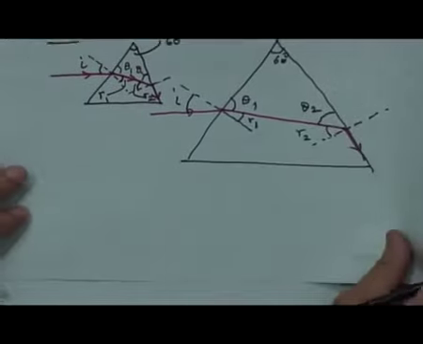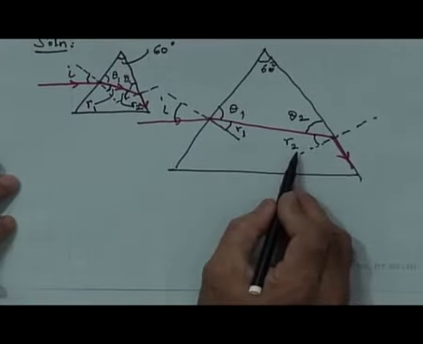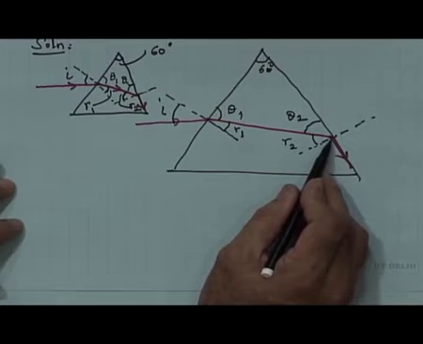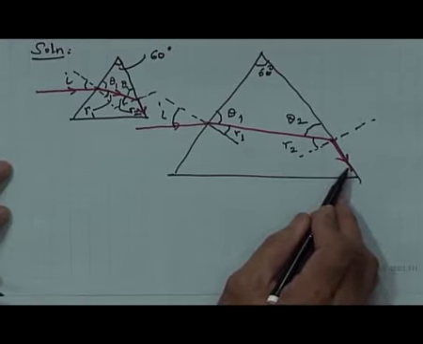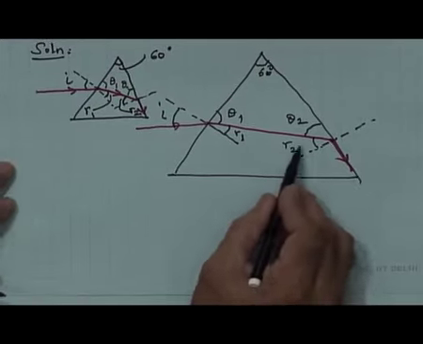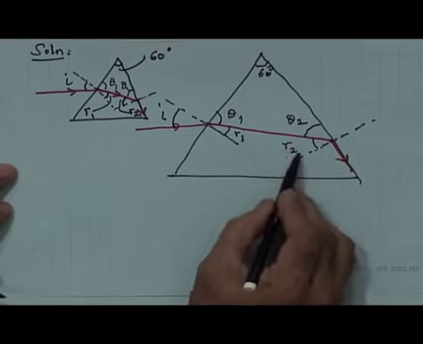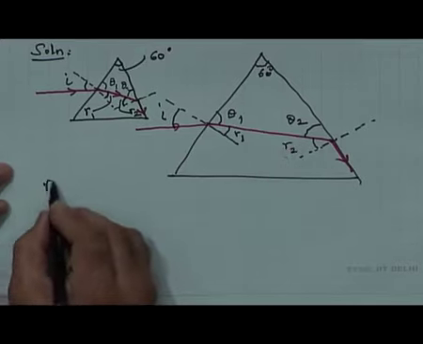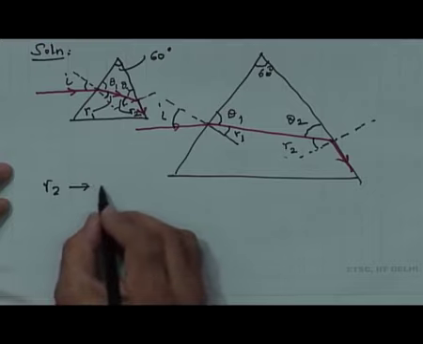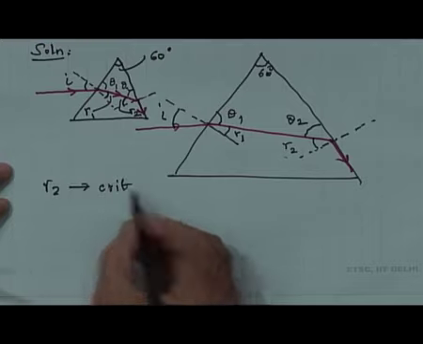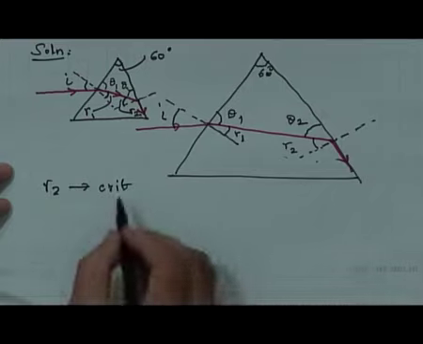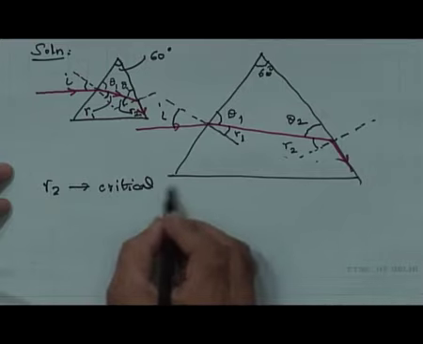So, let us look at the first. It is given that it is just undergoing total internal reflection, which means R 2 is the critical angle. This is the main point to be identified. R 2 is the critical angle for glass air interface.